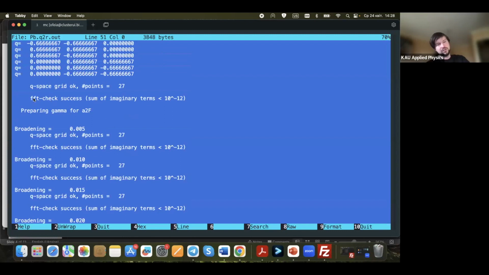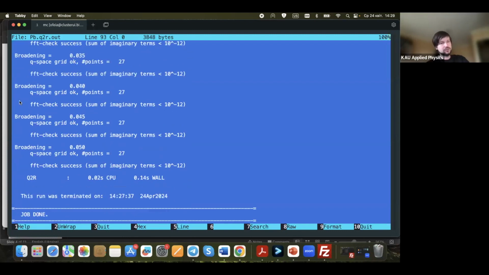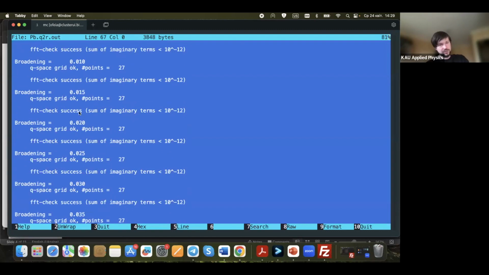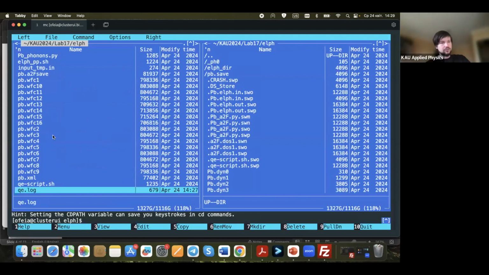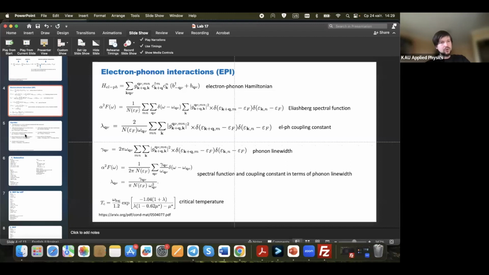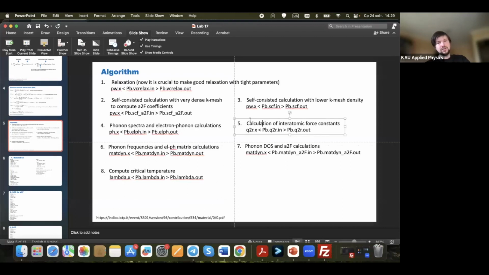If T is checked, it stands for fast Fourier transform. This is the only difference from Q2R for normal phonons.